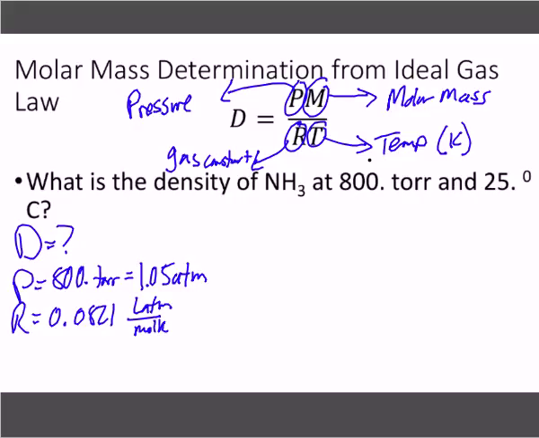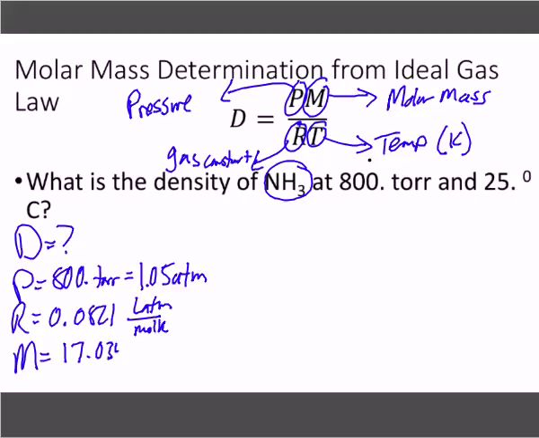Okay? Now, M is my molar mass. Well, what's my molar mass for ammonia? 17.034. No, you're right, it is 17.034.